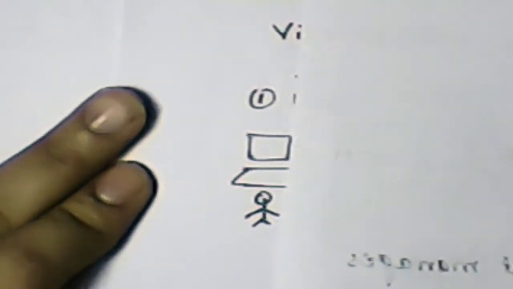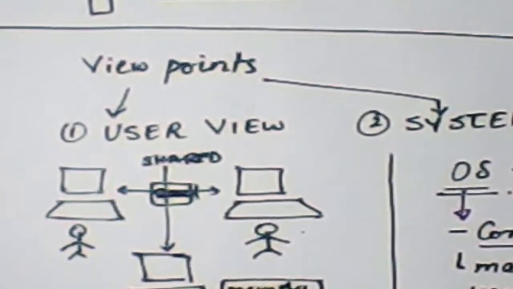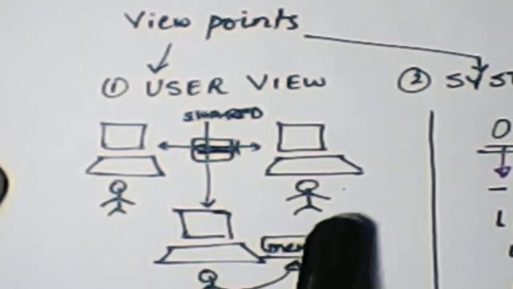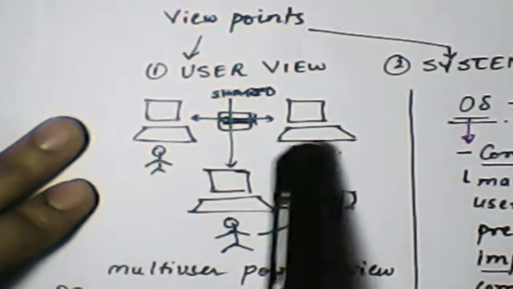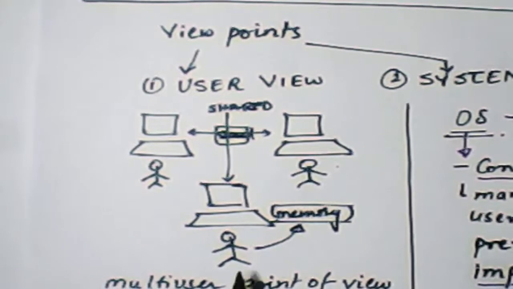What if the user is a part of a network? Suppose there are three systems and they are sharing some memory, 1, 2, 3. And suppose this user has the access of all the memory. If we give the role of sharing of the resources to user, one user will monopolize. It will try to access all the memory, all the resources for itself, and thereby there will be an invalid use of resources.